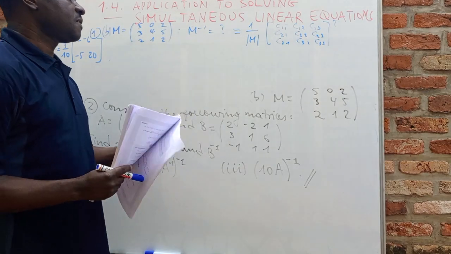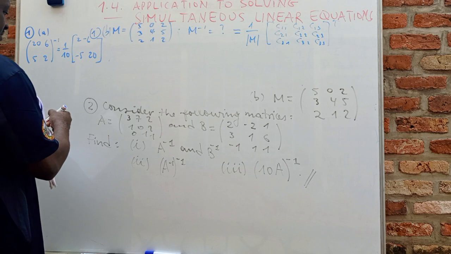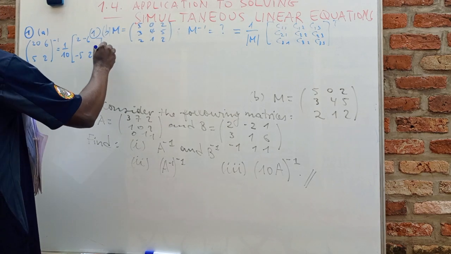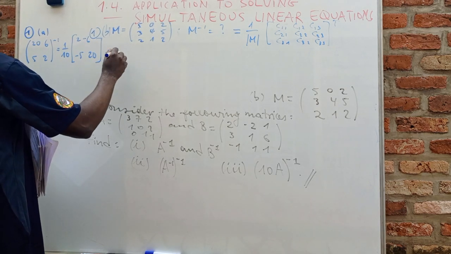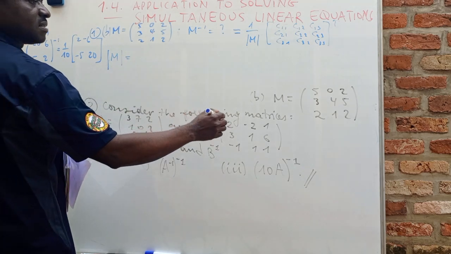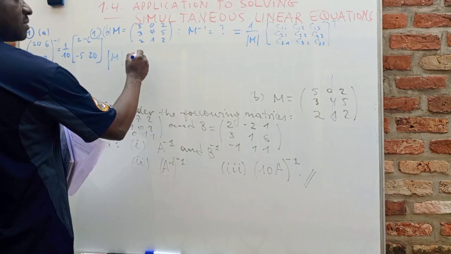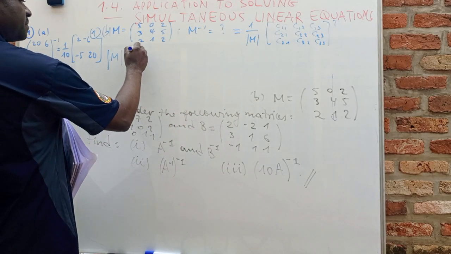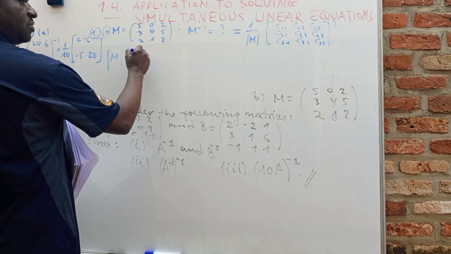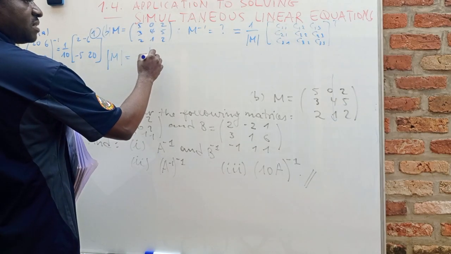But first of all, let us find the determinant of matrix M, not A. Let us develop along the second column. So 0 we don't care, so negative 4 times 0.